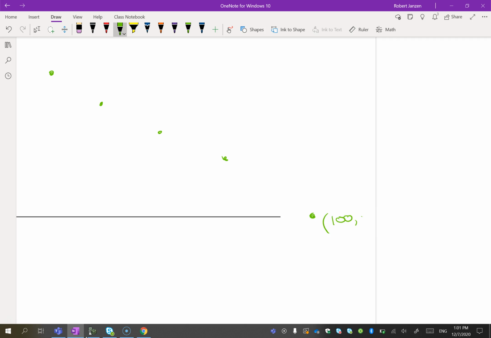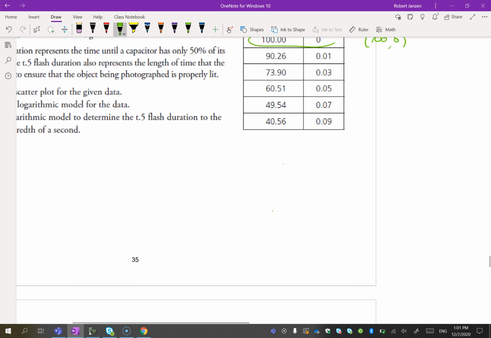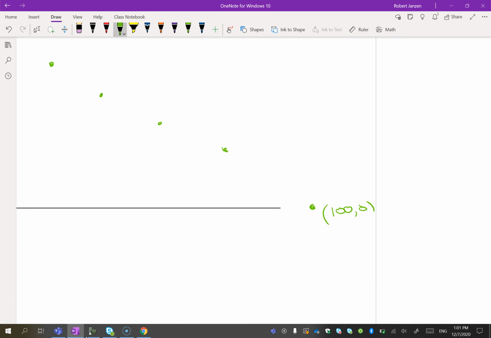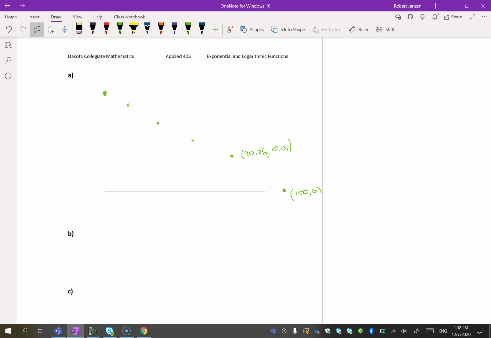This is 100, 0. Then the next point is at 90.26. You have 0.01. And that's kind of weird. It's like we're putting these points in backwards. Okay? So it looks something like that.